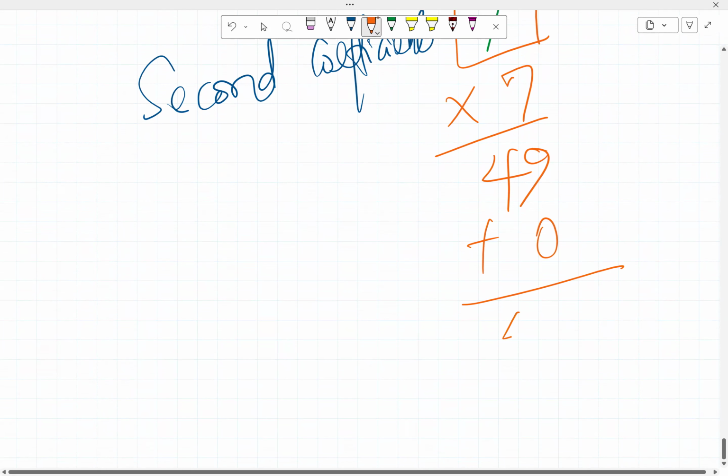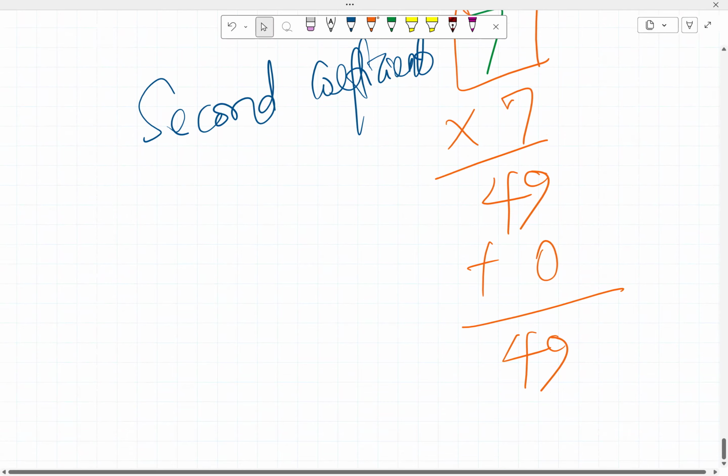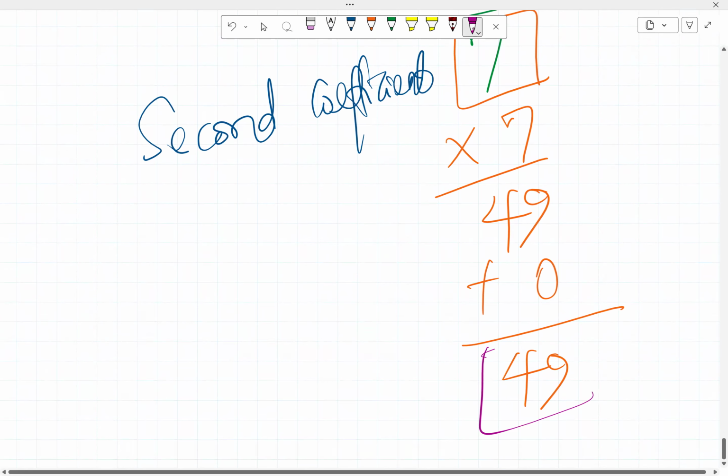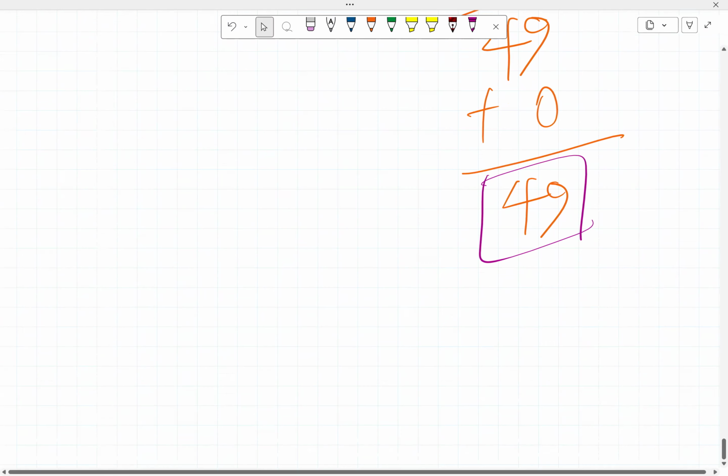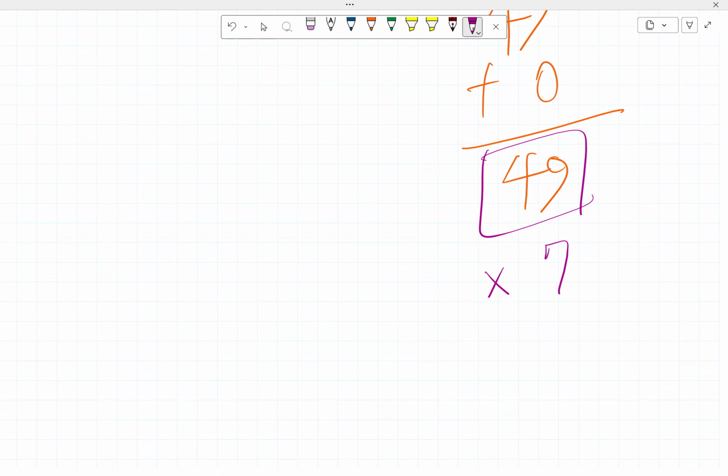So this is the second 0, so we have 49. And once you add again, this is another coefficient you want to pay attention to. And once you have this other coefficient, what do you do? You multiply it by 7. Wow, this is getting serious. Multiply by 7, and that is 343 straight up.